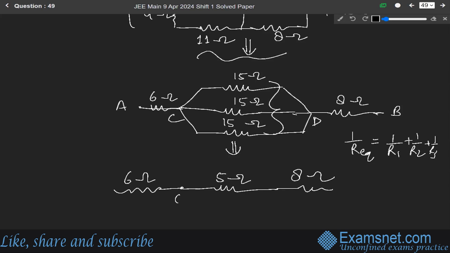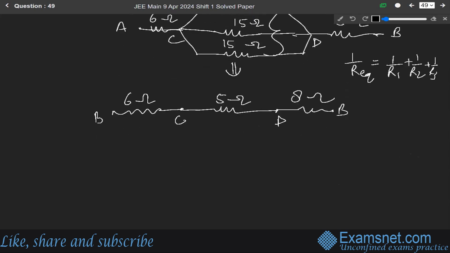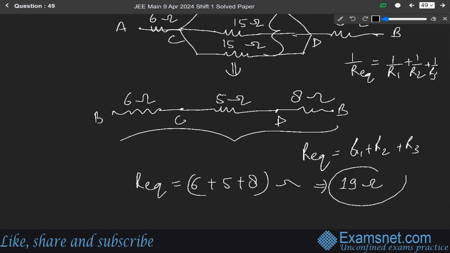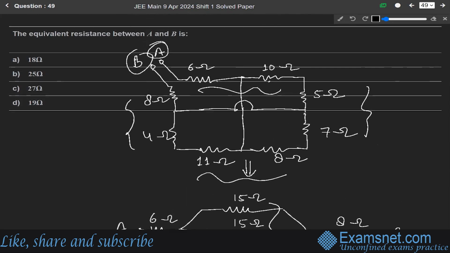This is point C, okay, and this is point D, and this is point B, and this is point A. Now these three are in series, so for series combination we will use R1 plus R2 plus R3. So using this we get R equivalent equals 6 plus 5 plus 8 ohm. So this comes out to be 19 ohm. So our final result is 19 ohm, which means option D is the correct answer.